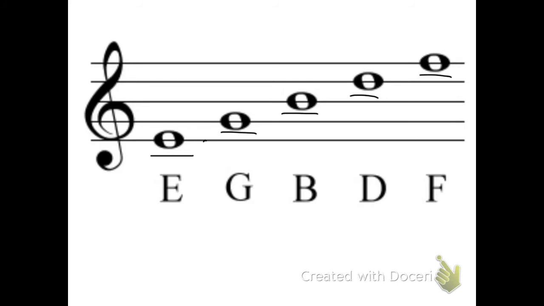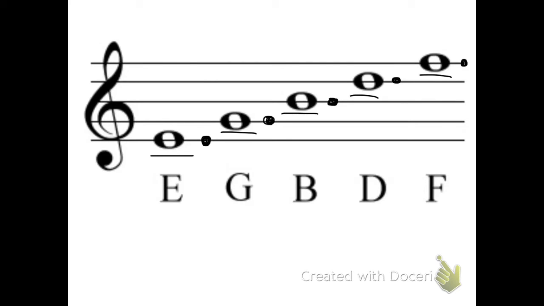So if anything's on this first line over here, it's an E. If anything is on the second line, it's a G. If anything is on the third line, it's a B. If it's on the fourth line, it's a D. And if it's on the fifth line, it's an F. Even if it's in line with other notes, that doesn't change the value of the note.